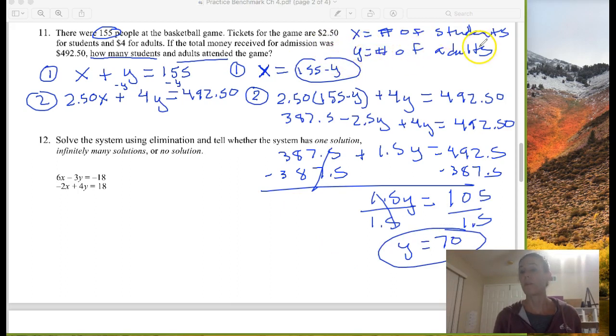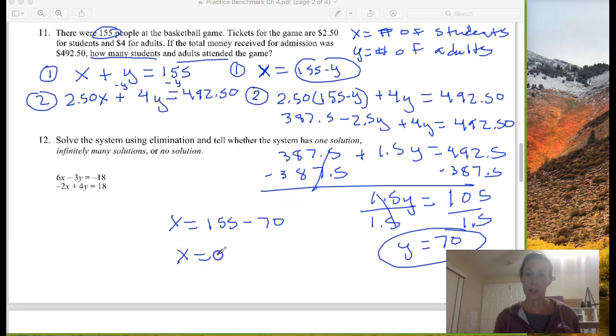Y, the number of adults, is 70 adults. Now I need X, the number of students. I can plug it into either of the original equations, but this is equation 1, just remodified to solve for X. So X equals 155 minus my Y, which is 70. 155 minus 70 is 85.